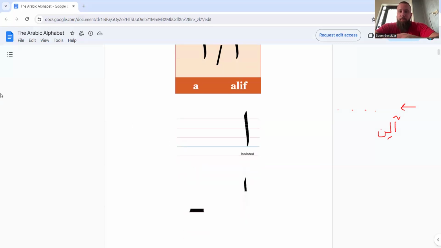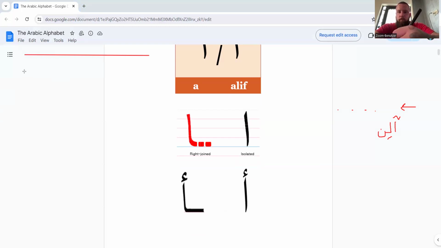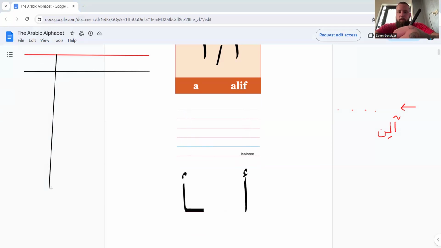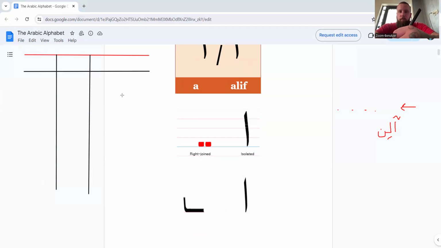So let's draw our table that we usually draw. So we have this. Let me do it in black. Okay. We need 5 columns.